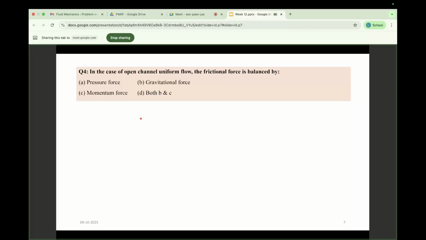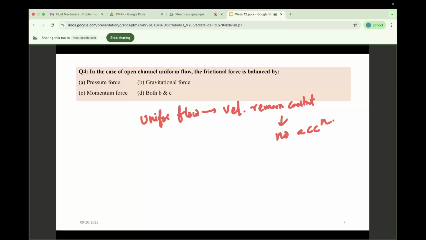See, in a uniform flow, as in this question, uniform flow means velocity remains constant, right? That implies no acceleration. That is the fundamental thing.